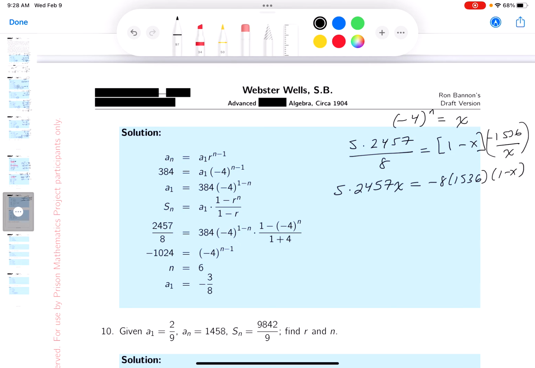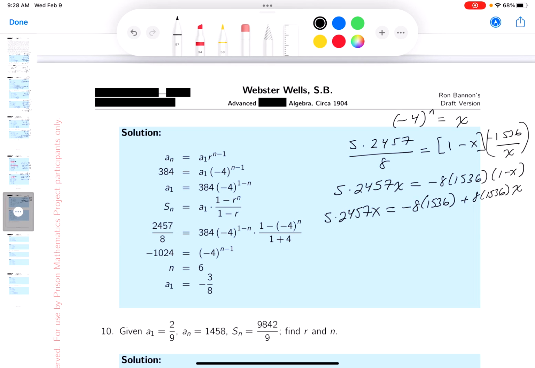All right, let's keep going. What do you get? 5 times 2457x equals minus 8 times 1536 plus 8 times 1536x.